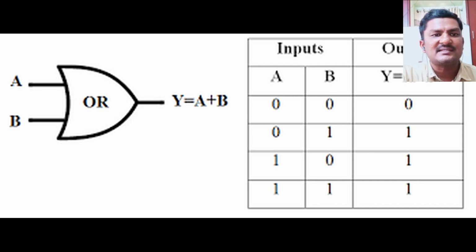In the last case, both A and B are closed, A equal to 1, B equal to 1. Current flows in these two ways. Bulb will glow. So, for A equal to 1, B equal to 1, the value of Y equal to 1.